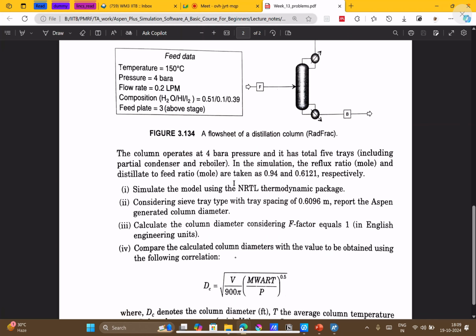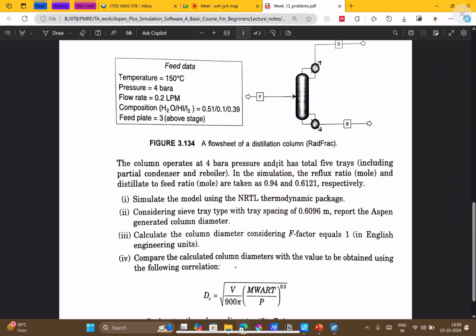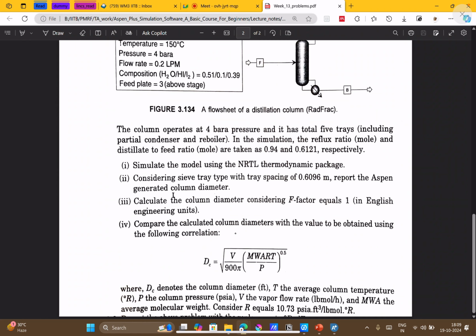We have to simulate this process with the help of the NRTL thermodynamic package. Then, considering a sieve tray type with a tray spacing of 0.6096 meter, report the Aspen Plus generated column diameter. Calculate the column diameter considering an F factor equal to 1, and compare the calculated column diameter with the value obtained using the given equation.